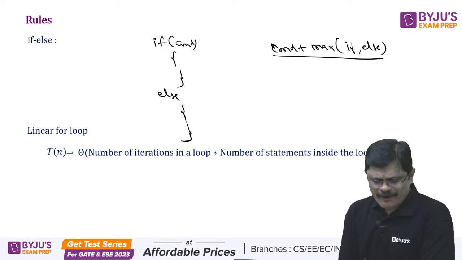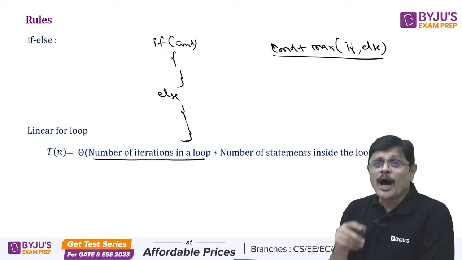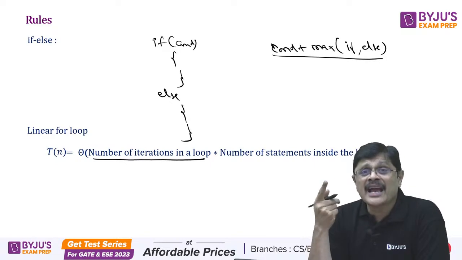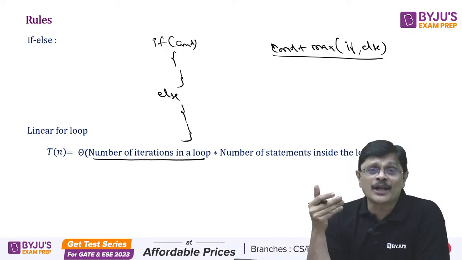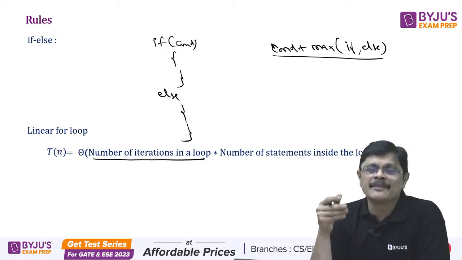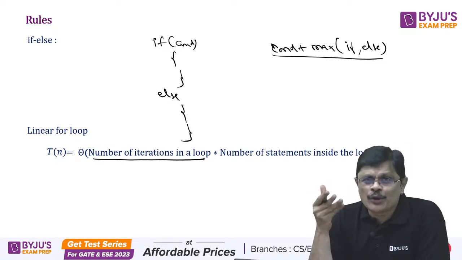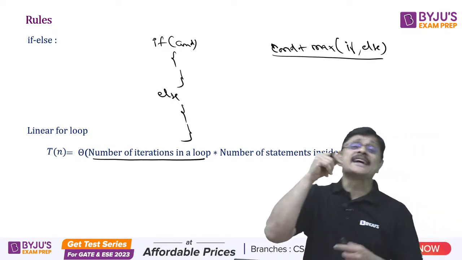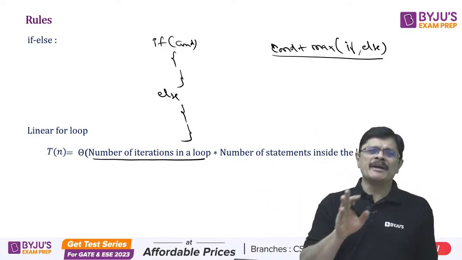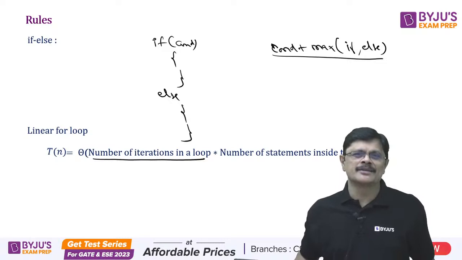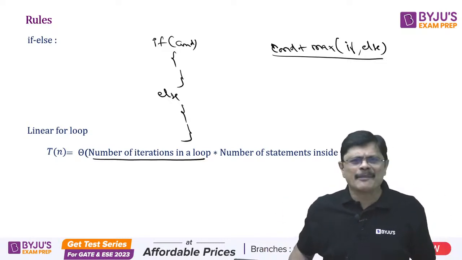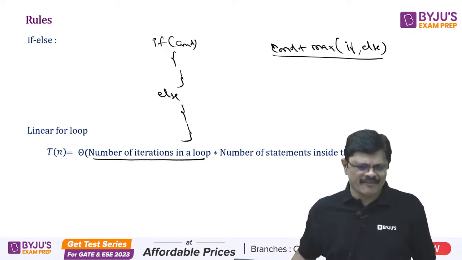So whenever you are having a loop, how many iterations there are, that is how many times the loop is iterating, and how many statements are inside the loop, that will be the time complexity, my dear friends. And most of the time, the number of iterations of the loop will depend on the size of input. Because of that, ultimately the time complexity would be a function of input size. Suppose time complexity does not depend on input size, time complexity would be constant only, my dear friends.